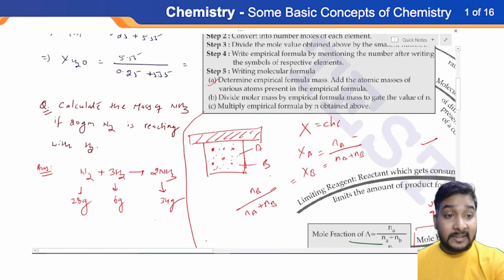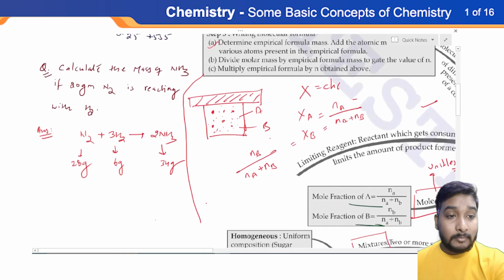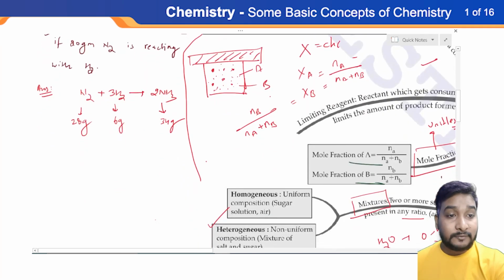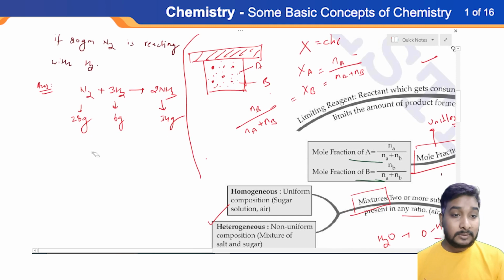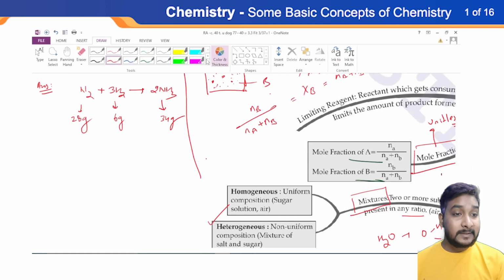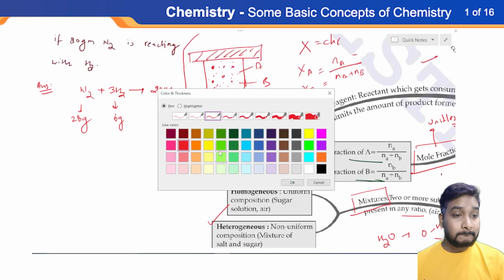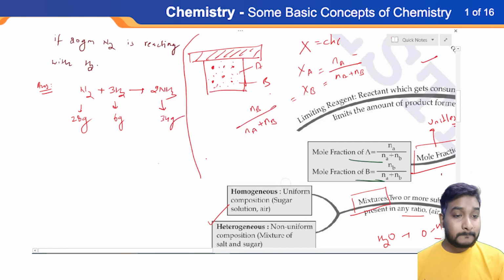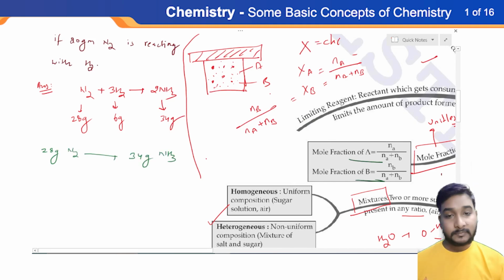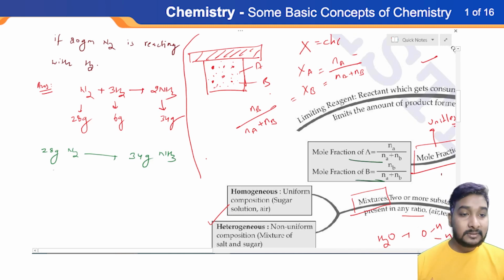Now we can observe a very common thing here, and what's that? We can say 28 gram nitrogen is producing 34 gram of ammonia. Yes or no? Completely yes.